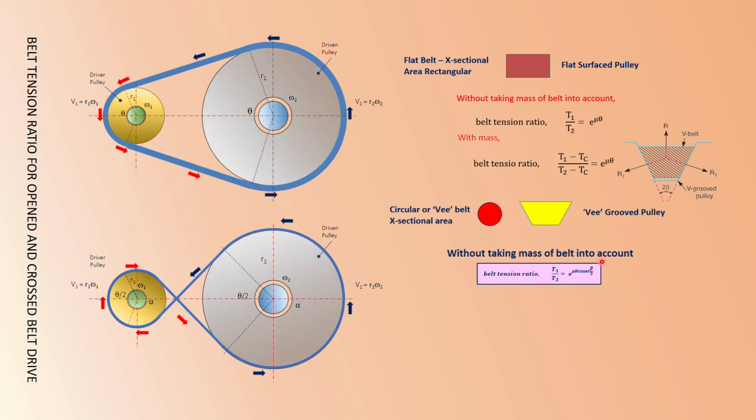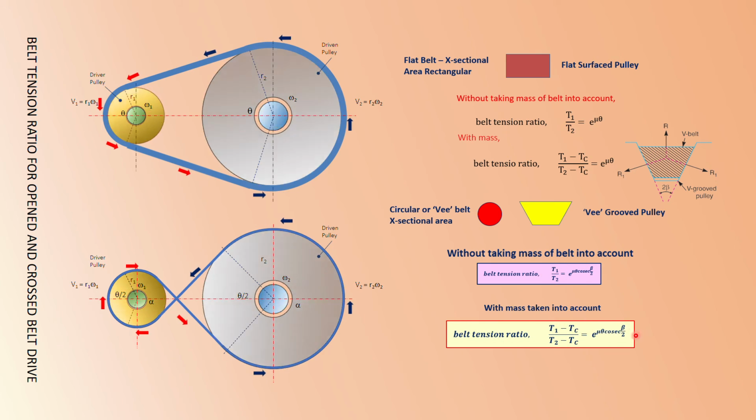So without taking mass of the belt into account, your belt tension ratio for circular belt or for V belt with groove pulley will be this. And when you take mass into account, then it changes to this, where you have to take TC into account, the centrifugal or the centripetal tension.